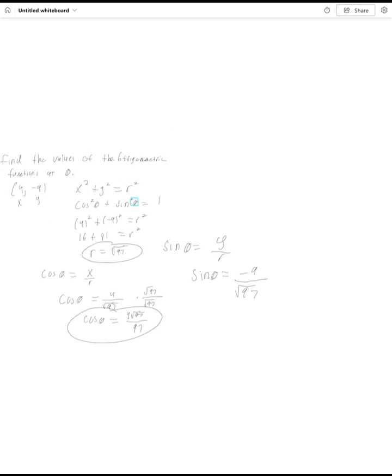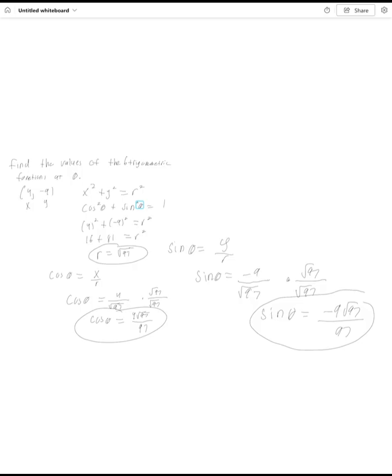The rest are just reciprocals. So sine of theta equals negative 9 over the square root of 97. Now we're going to rationalize, which is just a fancy way of saying getting rid of the square root in the denominator. So we get sine of theta equals negative 9 square root of 97 all over 97.